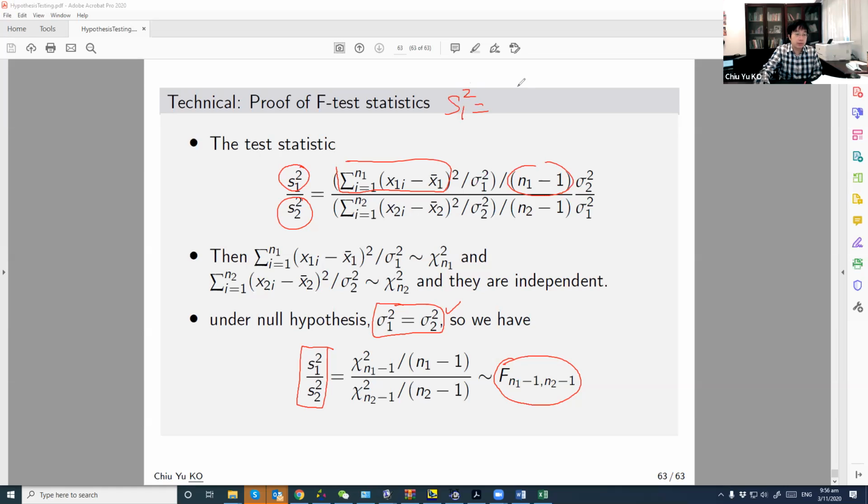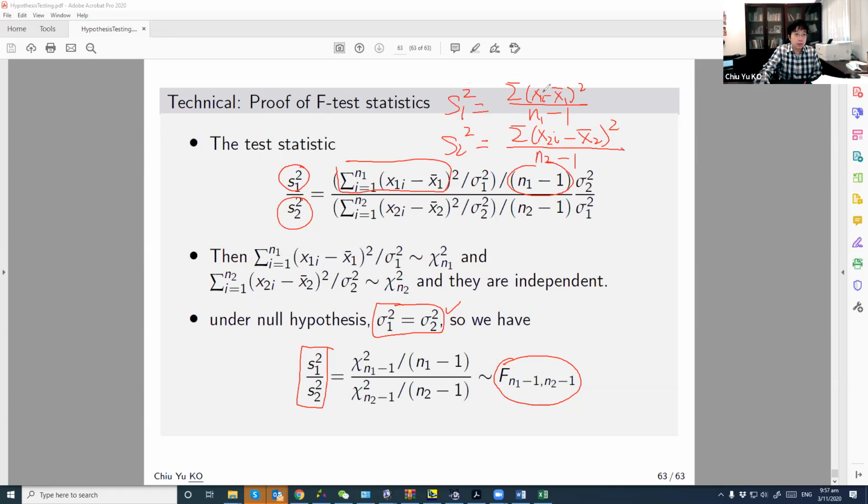S1 square will be the summation of squares over N1, right? S2 square will be, let me write that down, the summation of x2i minus x2 bar, squared, over N2 minus 1.